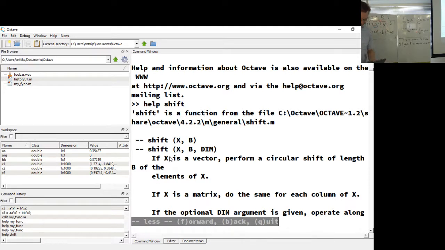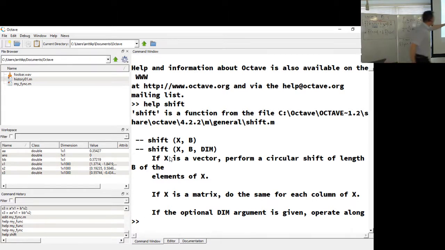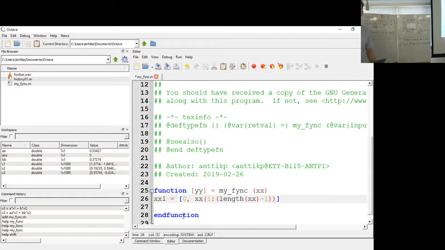All right, but anyways, it looks like we have a shift operation. So shift of our data vector, how many data points? So basically 1, 2, or 3. So that's actually shift X1, shift X2, shift XX3. Good. Back to the editor. So basically I can do it like this.